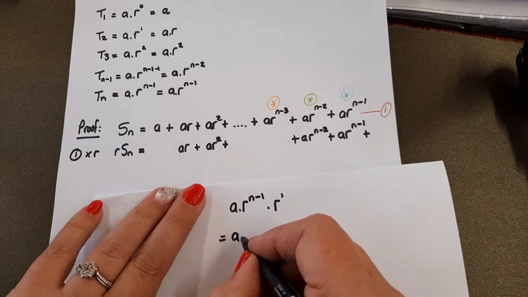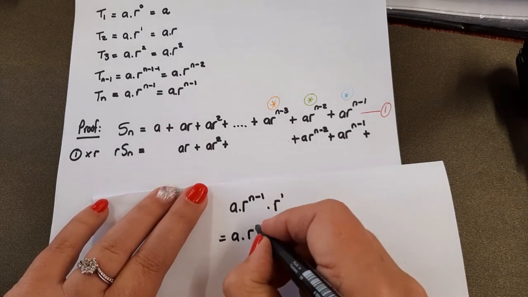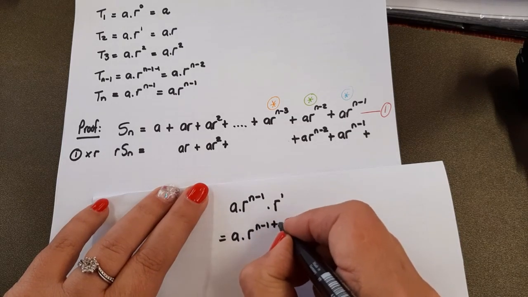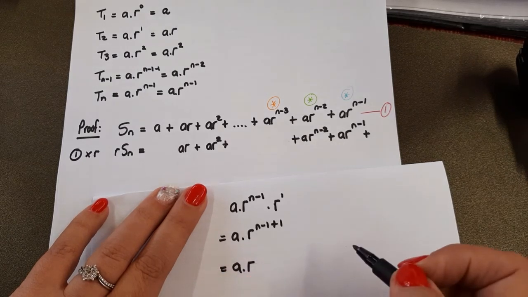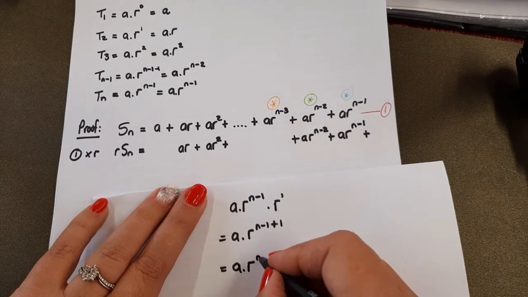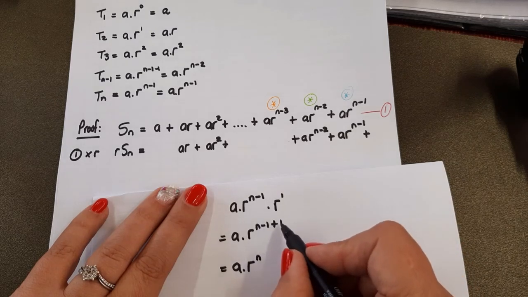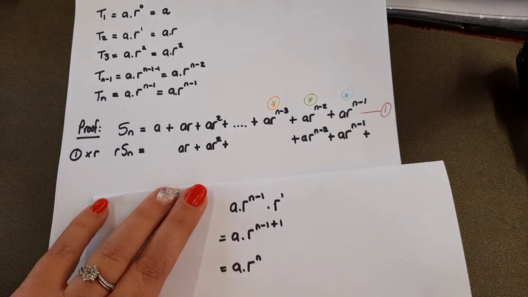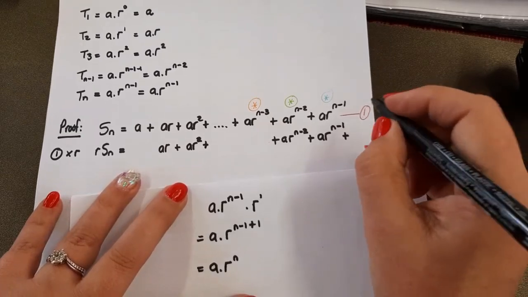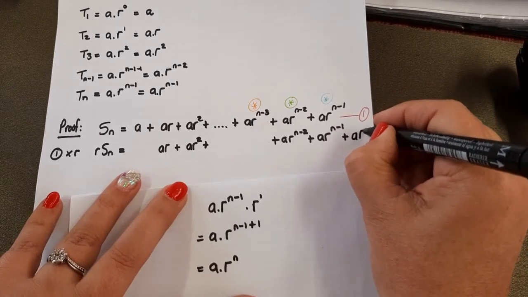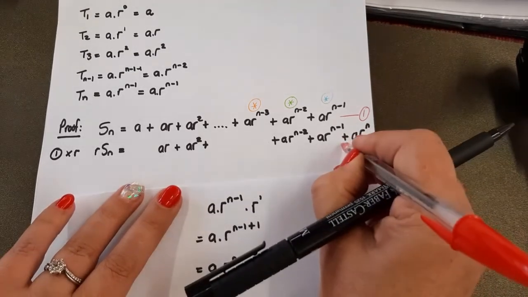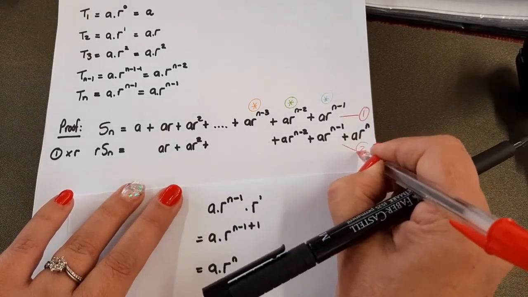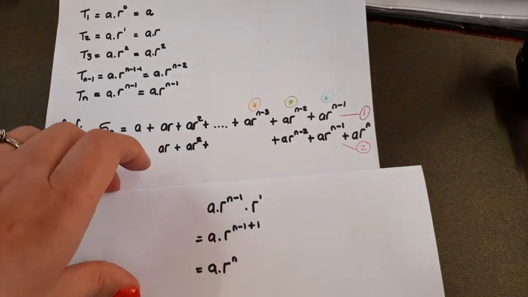And we get a times r to the power of n minus 1 plus 1, which is n. So I just add here ar to the power of n. And this will be equation number 2.